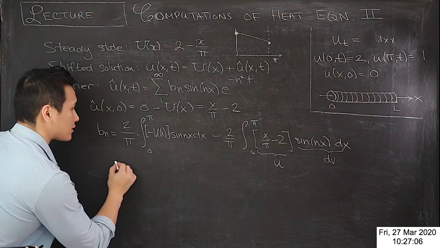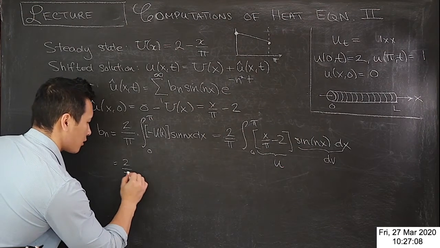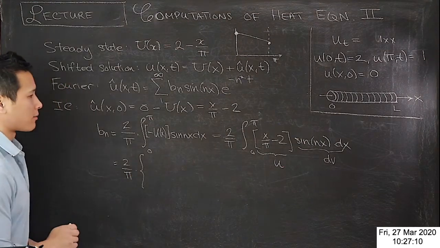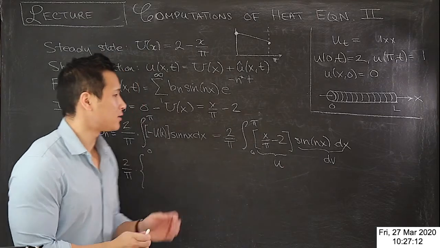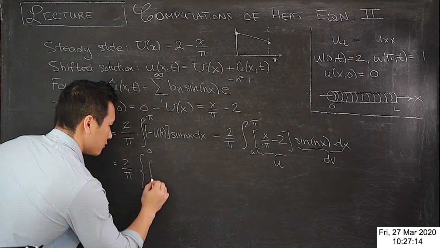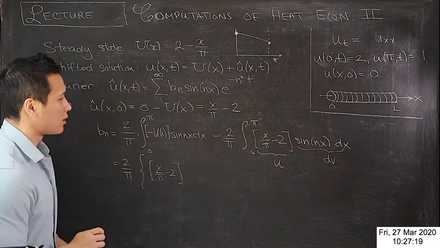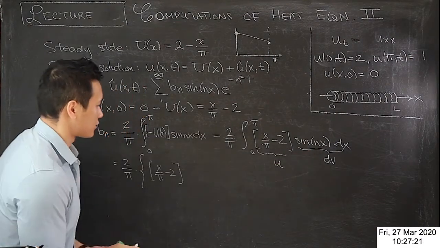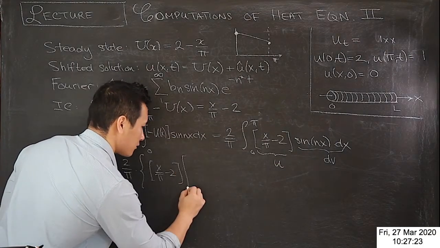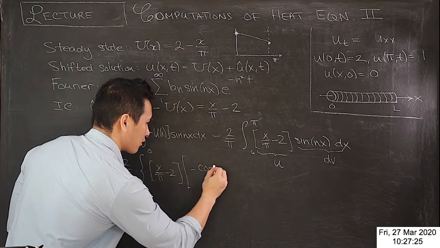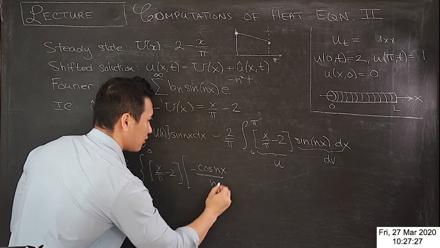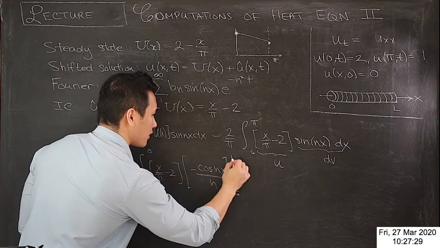So then this is 2 over pi, and then in brackets you have u times v, so it's (x over pi minus 2), and then you have to integrate this function here, so that gets you a minus cosine nx over n, from 0 to pi.